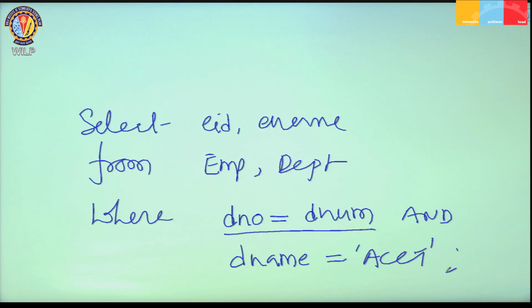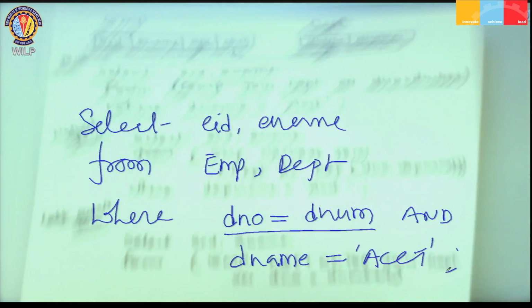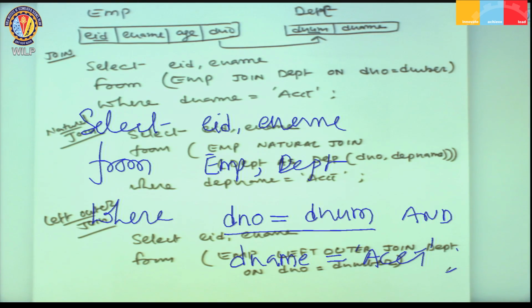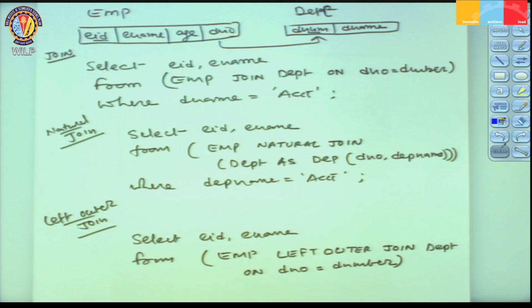Now instead of doing this, let us try to use the join keyword to join the tuples from multiple tables. The same thing I can write like this: select employee ID, ename from the joined tuples. What is the joining? Join EMP with department, that is, EMP join department.